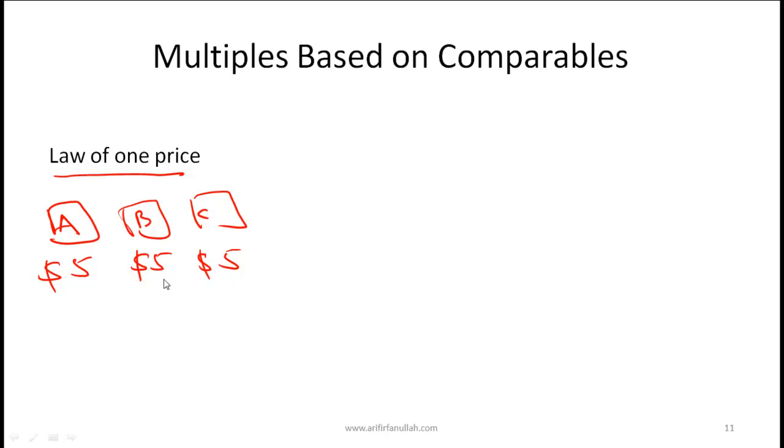Now if we extend this very simplistic model to equity valuation, we can say that if we have 3 different shares A, B and C, and these represent three different companies that are in the same line of business, same industry, similar demand drivers, similar issues impacting them, then their price should be the same. But what price are we talking about?